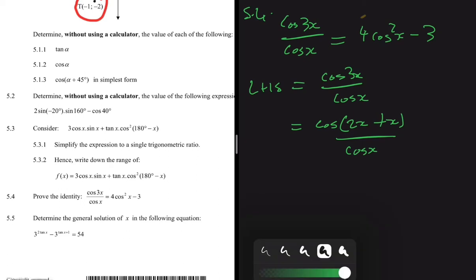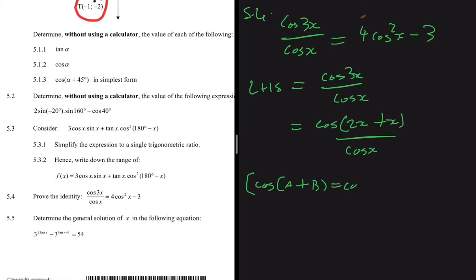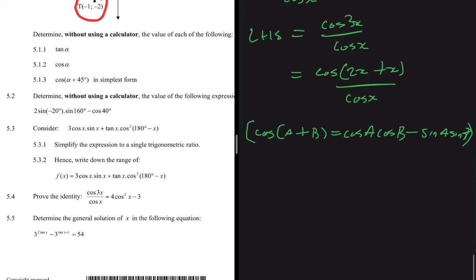But let me just write it down for the faint-hearted ones. So we're basically saying cos of a plus b is equal to cos of a cos of b minus sine of a sine of b. It's on the back of the question paper when you're writing your exam, right?